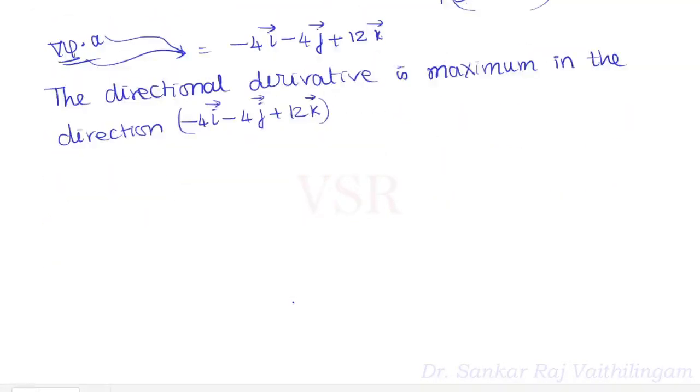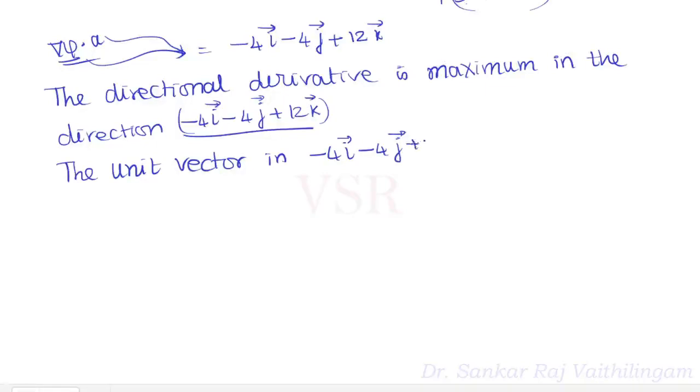So the normal vector, the unit vector in this direction, that is -4i vector minus 4j vector plus 12 times k vector, divided by its magnitude.